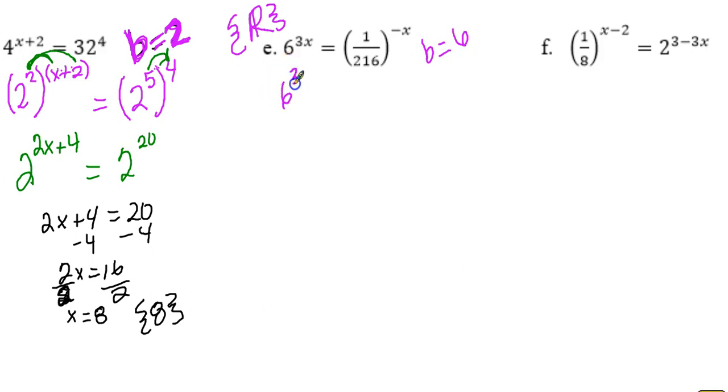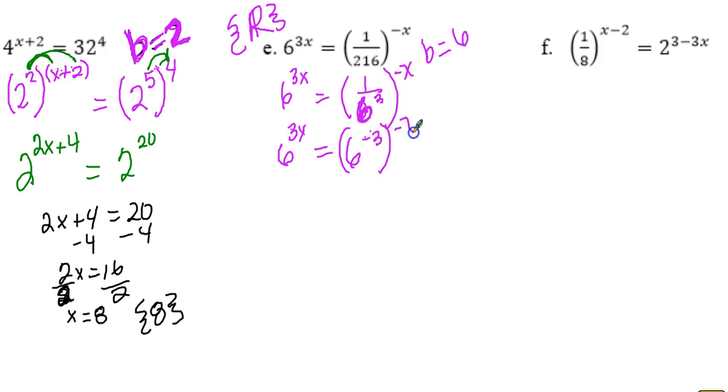So we're going to have 6 to the 3x equals 1 over 6 to the what? Cubed? Yeah, cubed. So that's 1 over 6 cubed, to the negative x. And then we have to make them both base 6. So how am I going to bring that up? Change this to a negative 3, to the negative x.